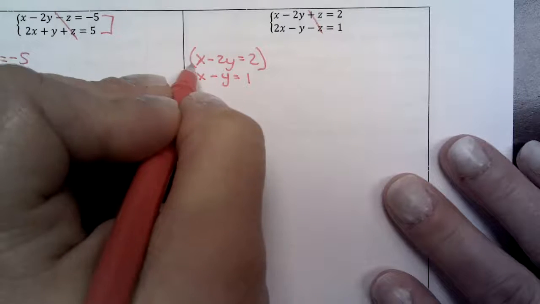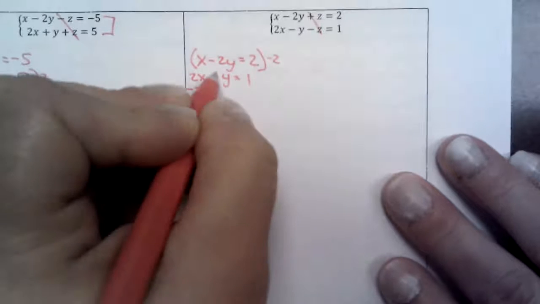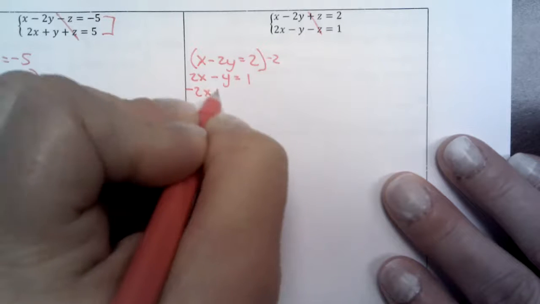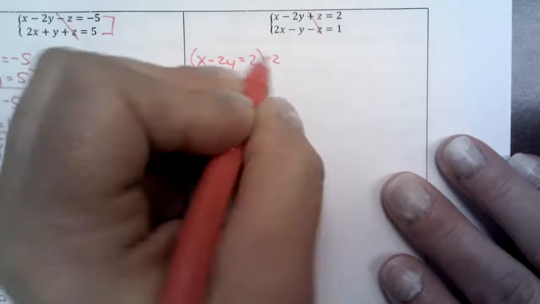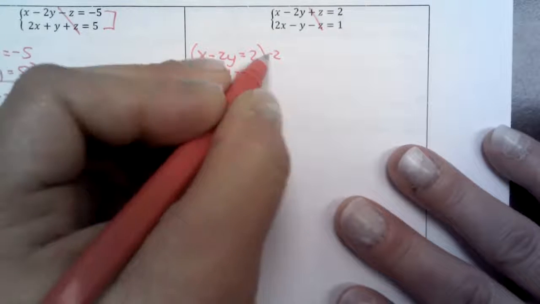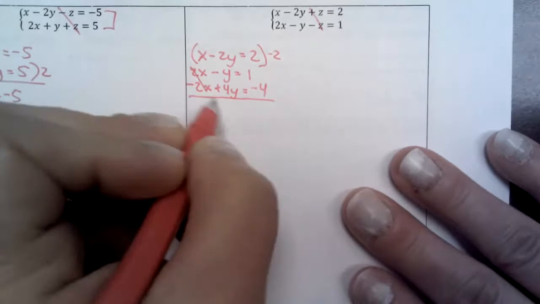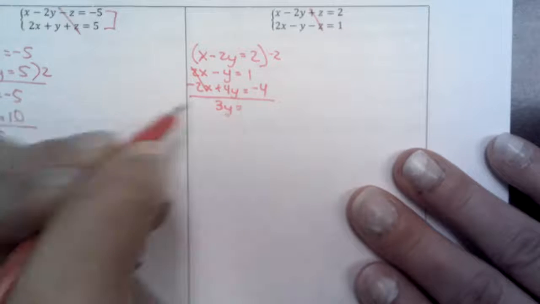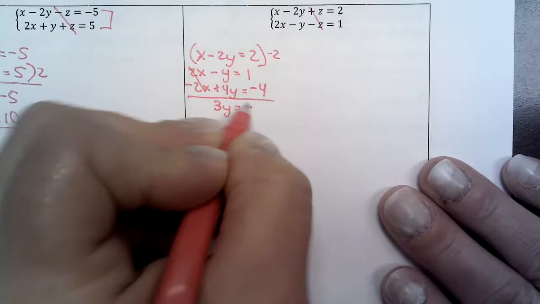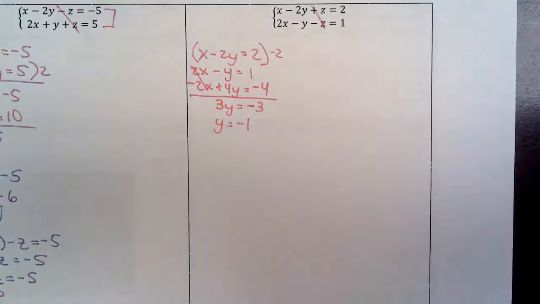So if I multiply this by -2, I get -2x. Okay. Let's see. Plus 4y equals -2, that's -4. Okay. So that's going to go away, and I'm going to get 3y equals -3. So I'm going to get y equals -1.